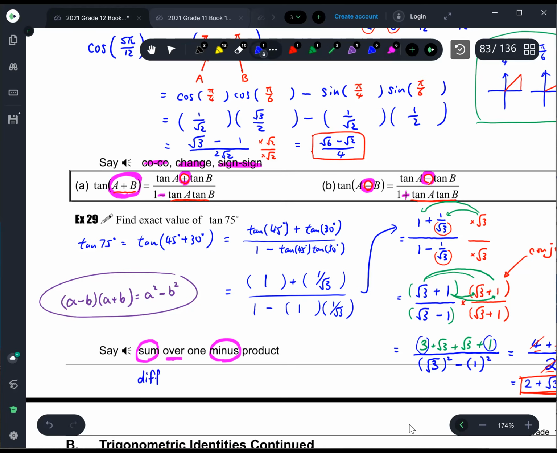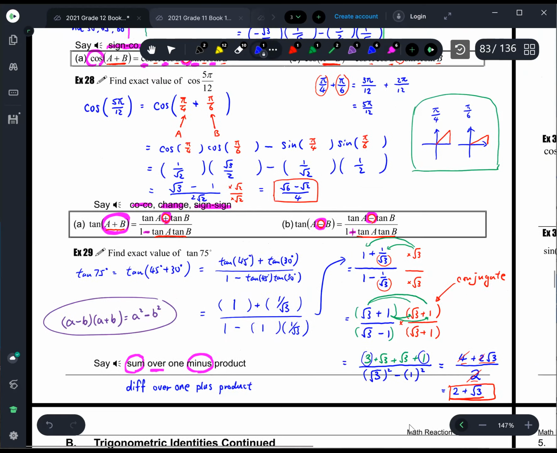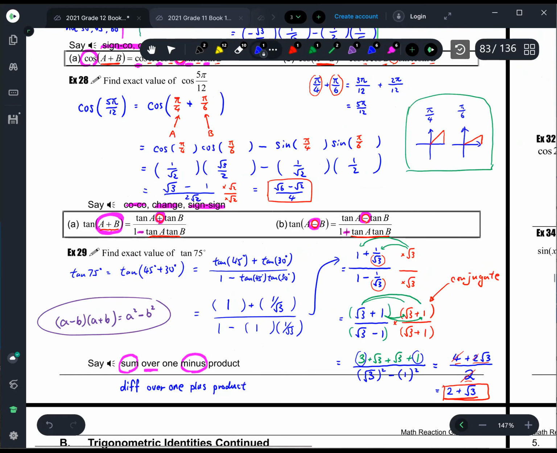Difference over 1 plus product. Okay, please write this down. One is for tangent sum. So you can say tangent sum is sum over 1 minus product. Tangent difference, difference over 1 plus product.